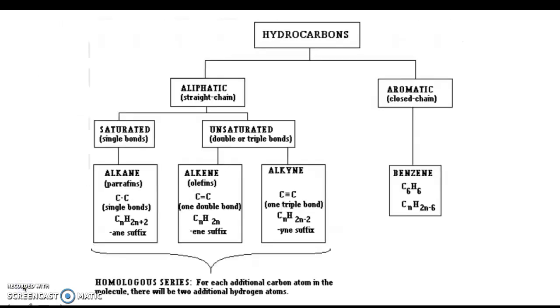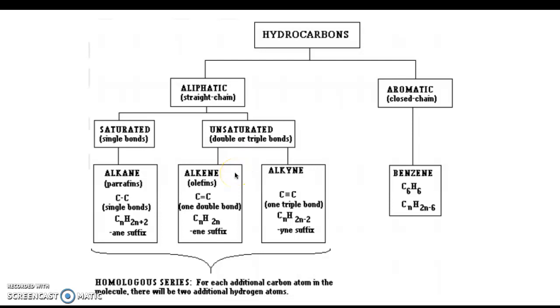So I sometimes find that these diagrams are helpful, but hydrocarbons really break off into two main types. You have your straight chain, so just carbons linked together, and you have your aromatics or your ring carbons like benzene. Your straight chain can break into two categories, saturated and unsaturated. A reminder, unsaturated hydrocarbons are your alkenes and alkynes.